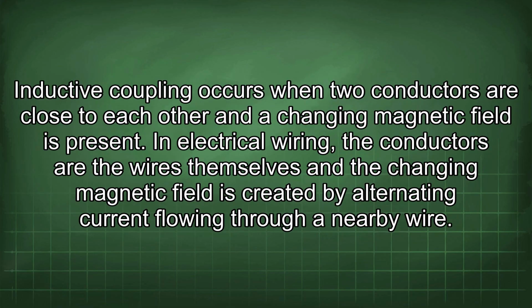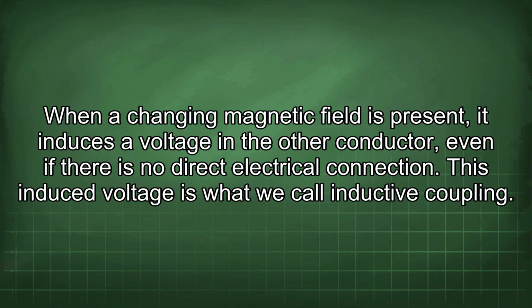Inductive coupling occurs when two conductors are close to each other and a changing magnetic field is present. In electrical wiring, the conductors are the wires themselves and the changing magnetic field is created by alternating current flowing through a nearby wire. When a changing magnetic field is present, it induces a voltage in the other conductor, even if there is no direct electrical connection. This induced voltage is what we call inductive coupling.